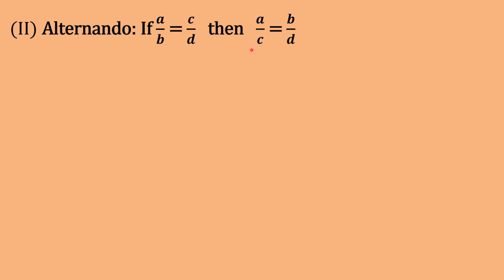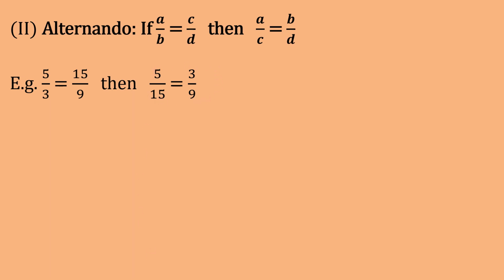I'll explain with an example. Same, we will take this one ratio: 5 upon 3 equal to 15 upon 9. Then alternando, so 5 upon 15 equals 3 upon 9. The denominator, which was 3, takes the place of 15, so it goes to the numerator. These are also equal.